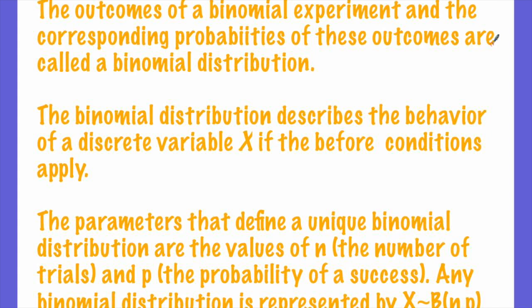Any binomial distribution is represented in this notation, where x represents your discrete variable, b lets you know you're dealing with a binomial distribution, n represents your number of trials, and p represents your probability of success.